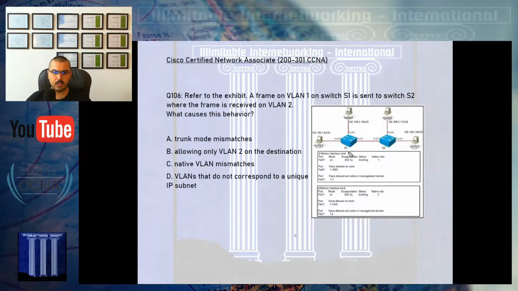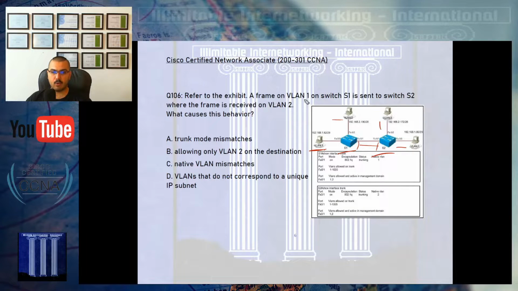Okay, question 106. Refer to the exhibit. The exhibit is about two switches. Each one of them is connected to two PCs, a PC for VLAN 1 and a PC for VLAN 2. The link between them definitely will be a trunk because it's carrying two VLANs. And switch 2 is also connected to a PC on VLAN 1 and another PC on VLAN 2.